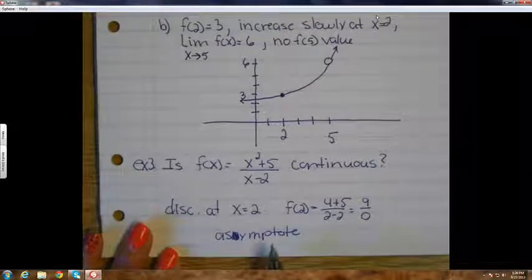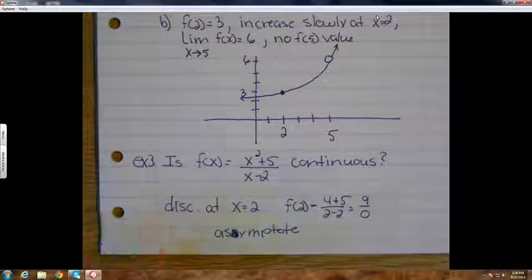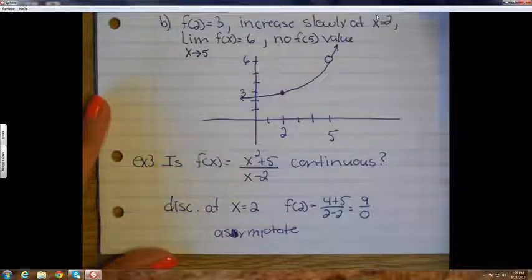And if you're not sure, you can just graph it in your calculator, y equals, and you can see that there's definitely a vertical asymptote at 2. One last thing to do, and it's talking about the greatest integer function.